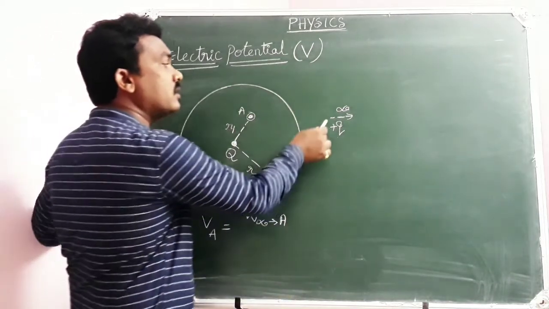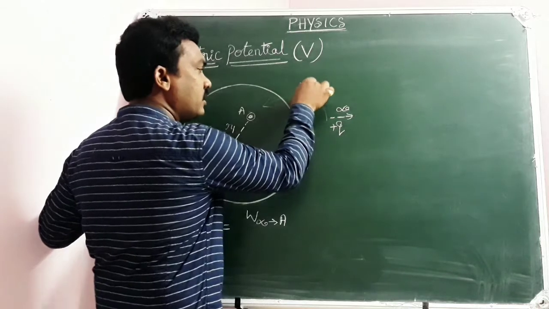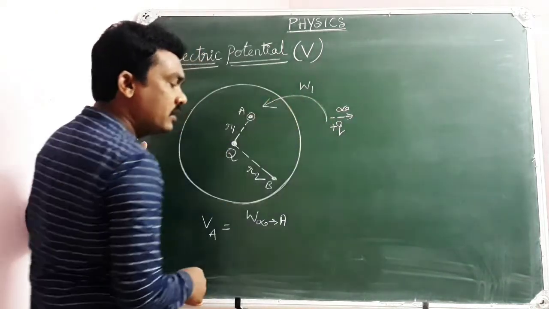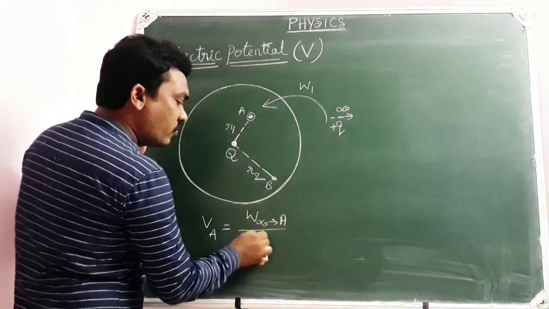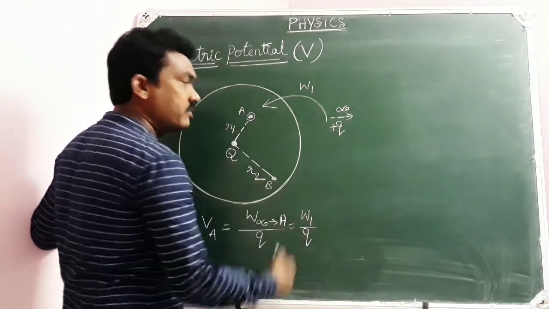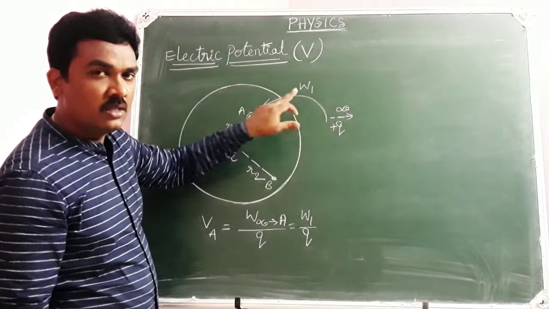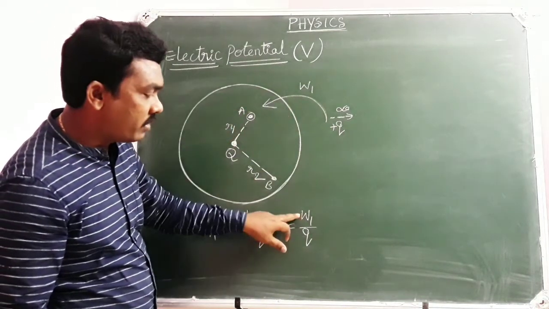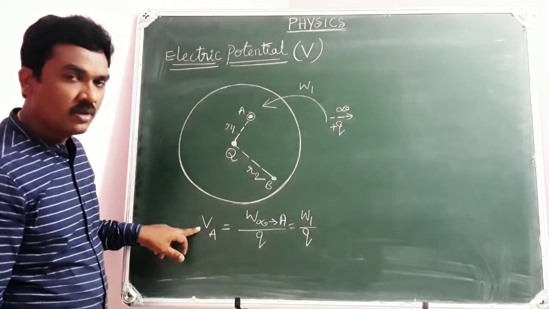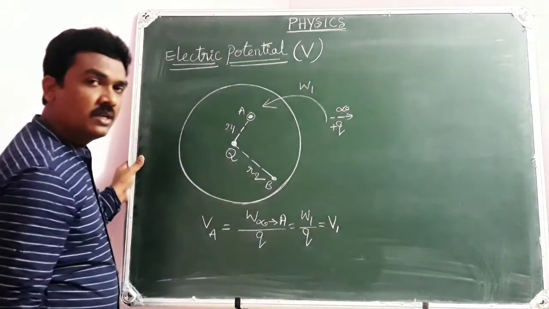Suppose W1 is the amount of work done to carry it from infinite distance to the point A, then W1 by Q will be the electric potential at that point. To carry Q coulombs, W1 work is done. Then to carry 1 coulomb, W1 by Q, which is the electric potential at the point A. Let us take it as V1.